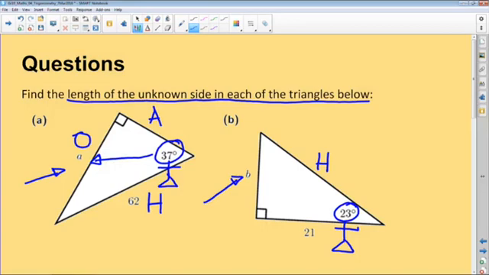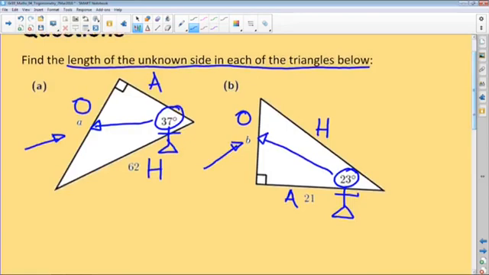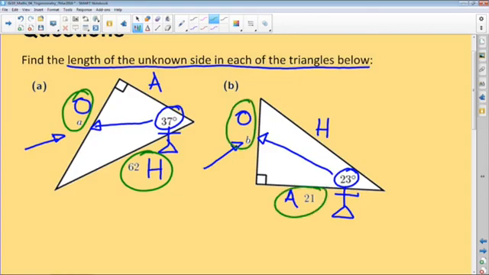And over here, if I'm looking across the triangle, this side is opposite and this side is adjacent. Okay, but now we need to look at what we have. We have the information for O and for H, which means we're going to use sine, and the information for O and for A, which means we're going to use tan.